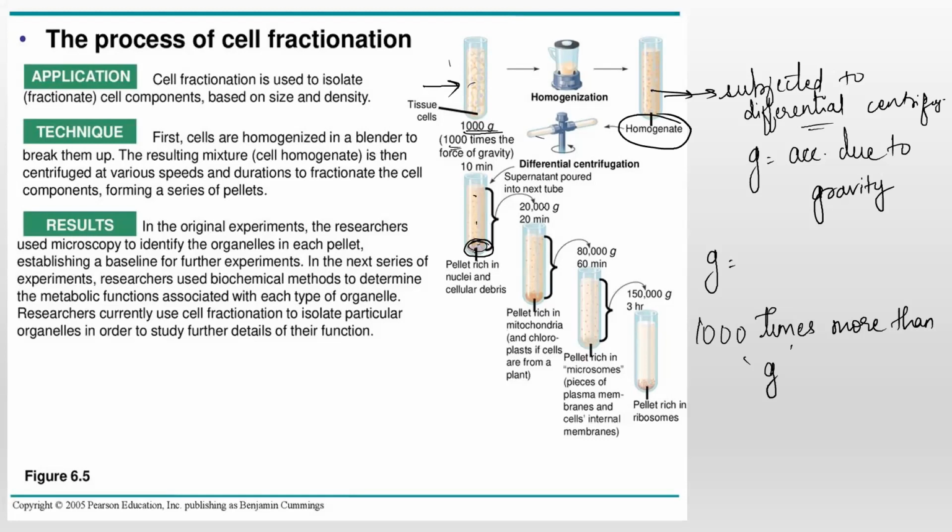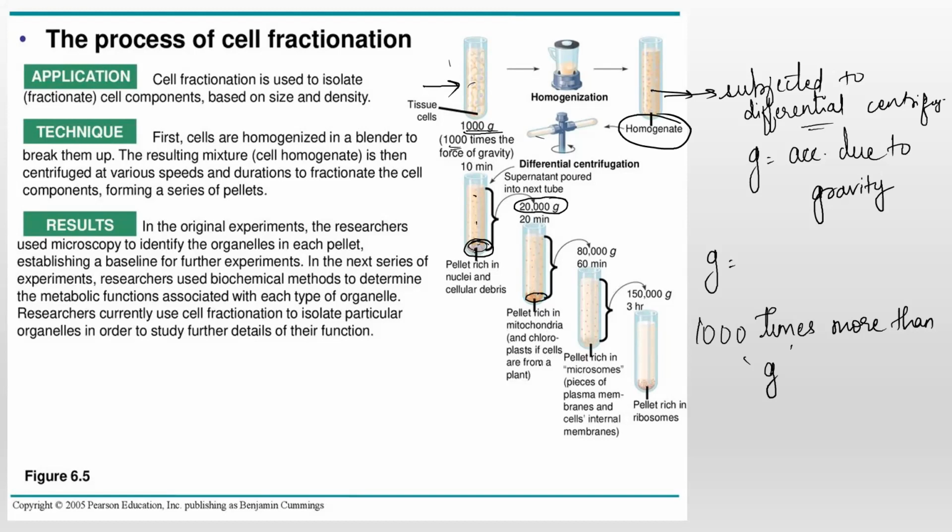Now you will increase the speed. It was 10,000 g for 10 minutes, but now it is 20,000 g for 20 minutes. After you spin it for this time at this speed, again you get a pellet. This pellet is now mitochondria.